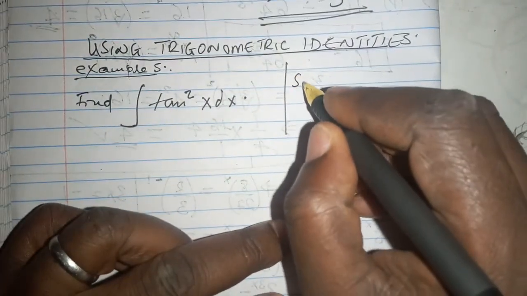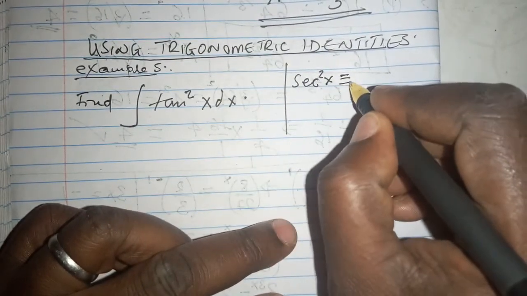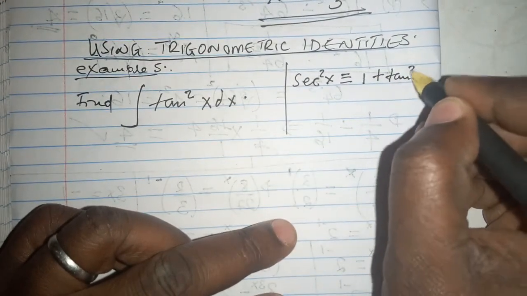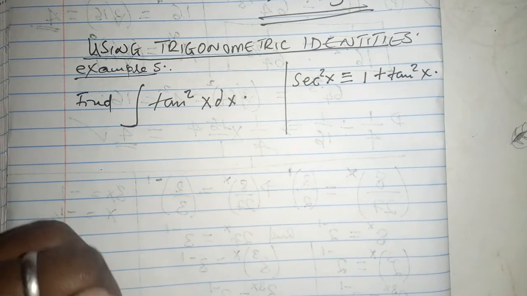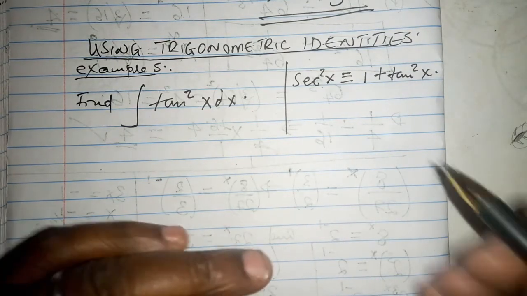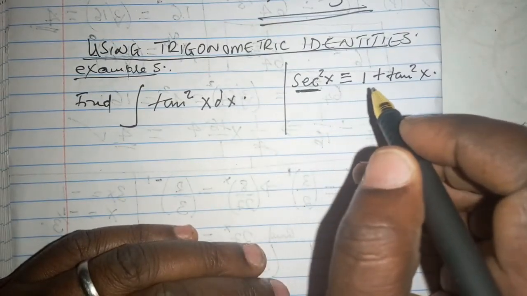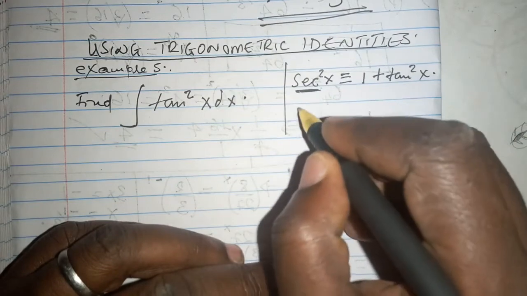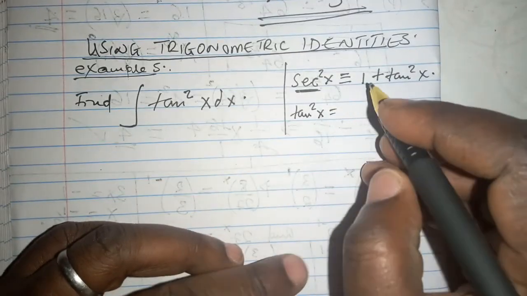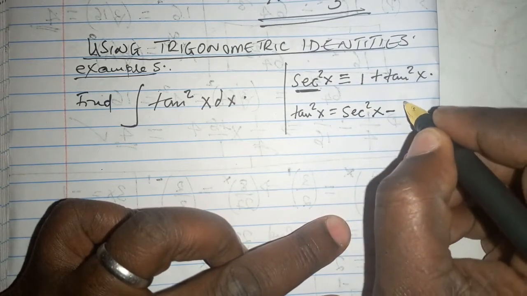We have understood earlier that sec squared x is exactly equal to 1 plus tan squared of x. From there, we can make tan squared the subject of the formula, because we know very well that sec squared can be integrated. So tan squared of x is sec squared of x minus 1.